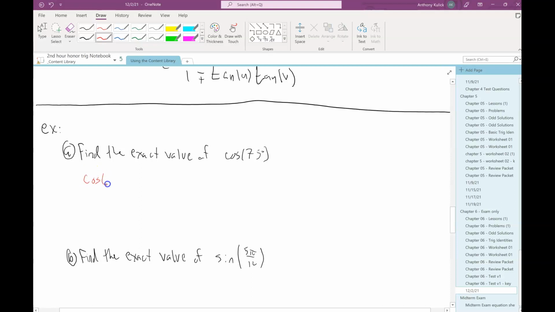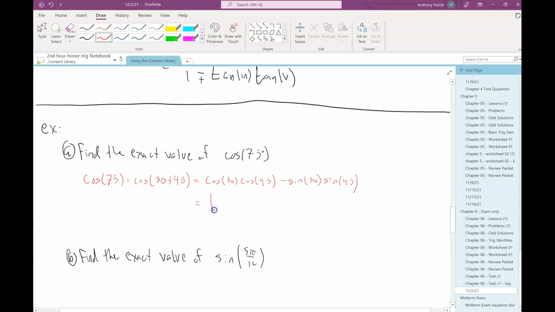So we'd say cosine of 75 is equal to cosine of 30 plus 45. Then we'll apply the angle sum formula for cosine. It's going to be cosine of 30 times cosine of 45 minus sine 30 times sine 45. Then I'll go to my unit circle and look up my values.